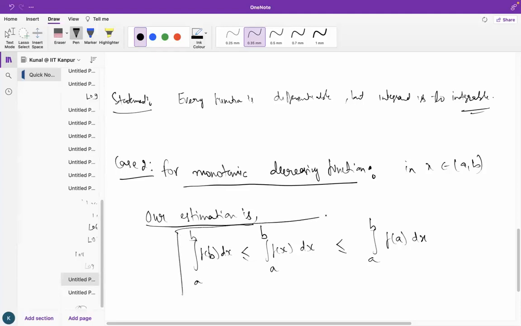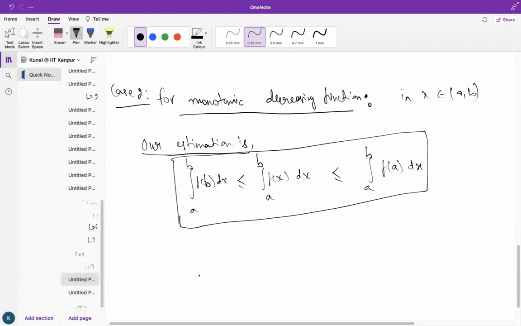Now let me tell you about monotonic decreasing functions. As we know, a monotonic decreasing function means dy by dx is less than or equal to 0.